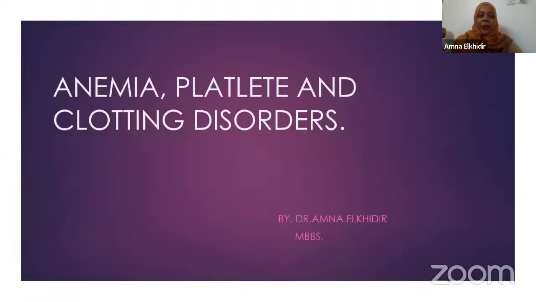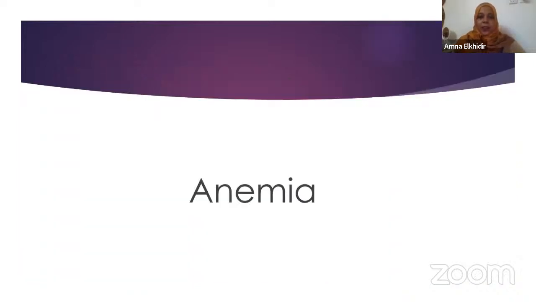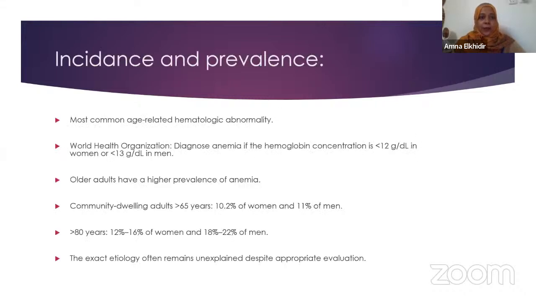Okay, today I'm going to present anemia, platelet, and clotting disorders. First, I'm going to talk about anemia. It's the most common age-related hematological abnormality. According to WHO, the diagnosis of anemia is usually present when the hemoglobin is less than 12 in women or less than 13 in men.